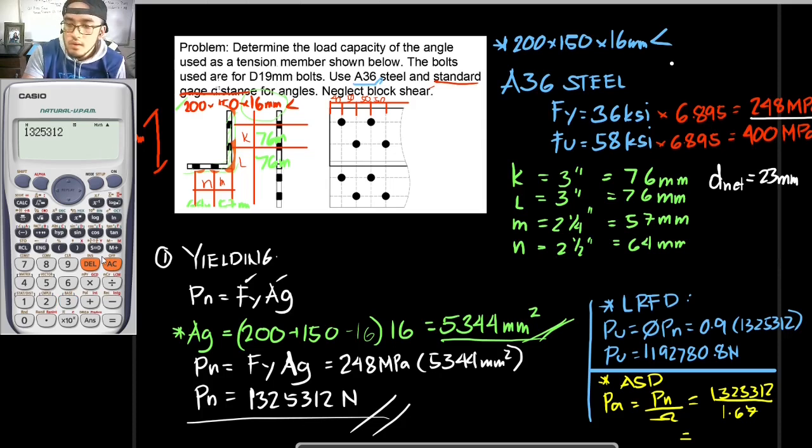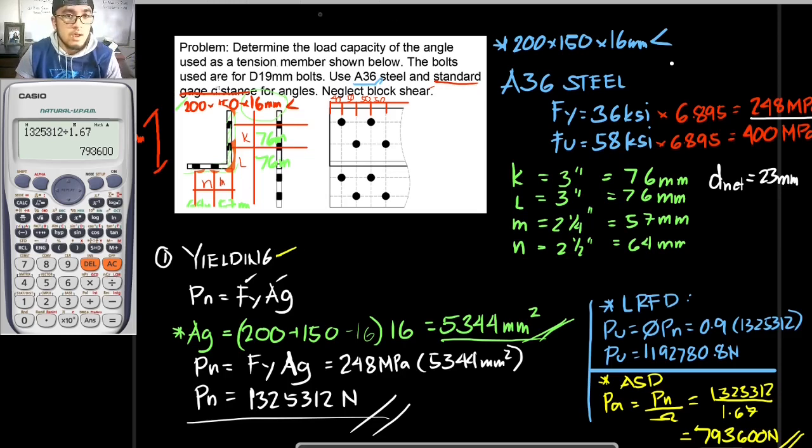My answer here would be 793,600-something, 7,936 newtons. So this is to be my value for the allowable strength in yielding. So this is in yielding only. Okay, next up we would be solving for the rupture strength.